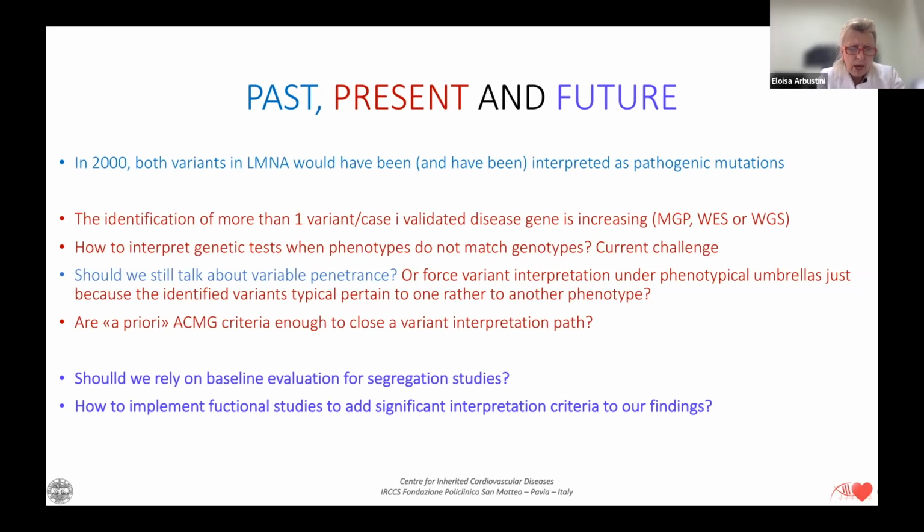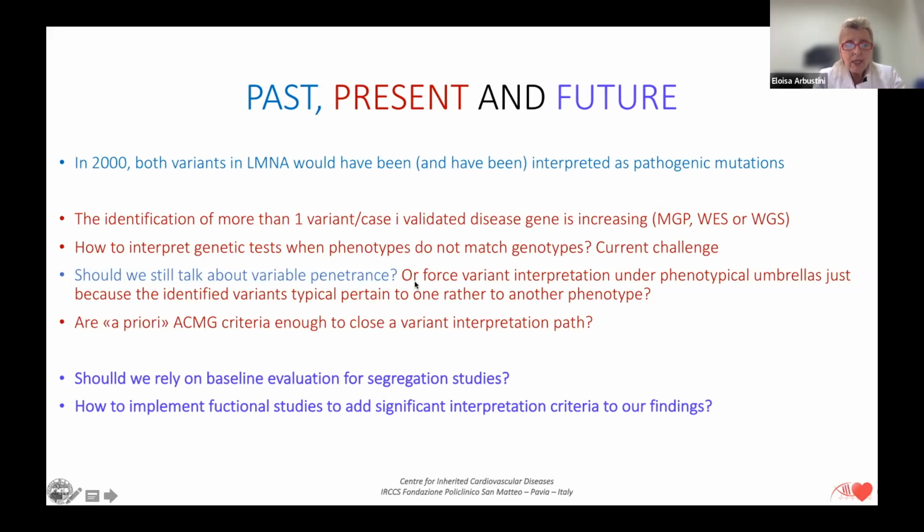The MYH7 variant of the second family is absolutely pathogenic, fully recognized since many, many years, so we have no doubt about that. But why this important difference in phenotypes between two sibs who carry the same genotype?